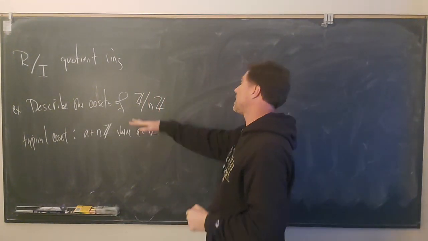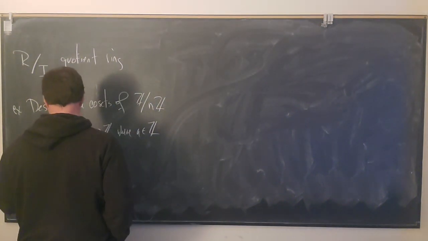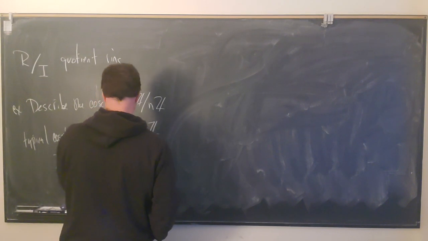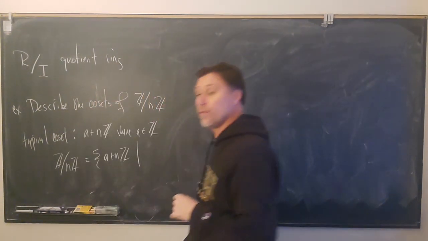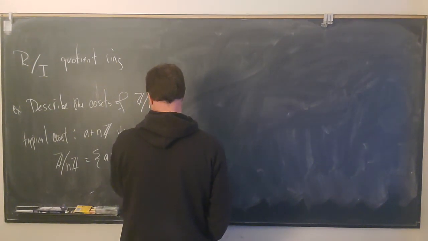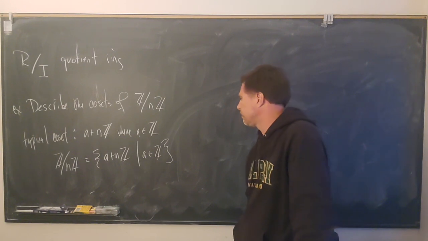So if you like, let me write this set of cosets in set notation. Z mod nZ is the set of cosets of the form a plus nZ, where a is any integer. That's not a very efficient description, though.